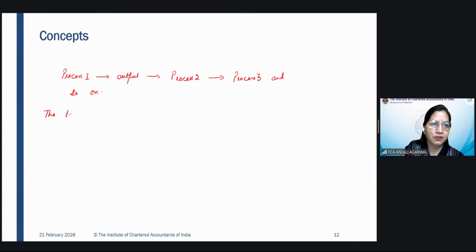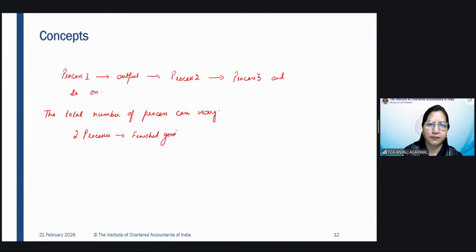The total number of processes can vary. Some manufacturing processes can be 2 processes only, and then the finished product is ready, whereas there can be processes where there are 4 or 5 processes.